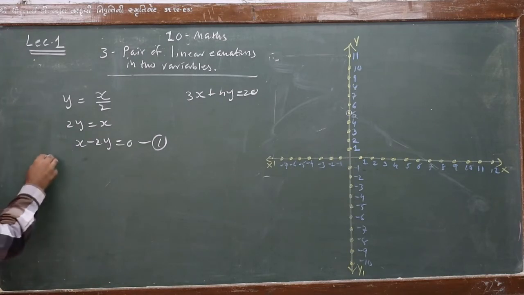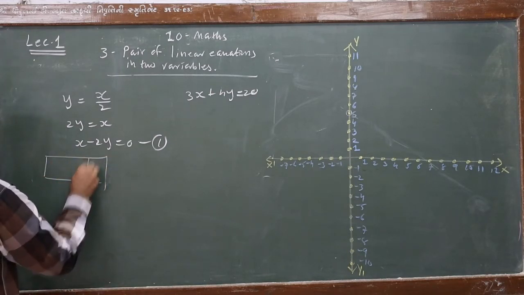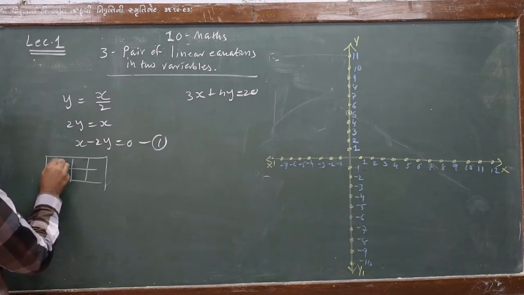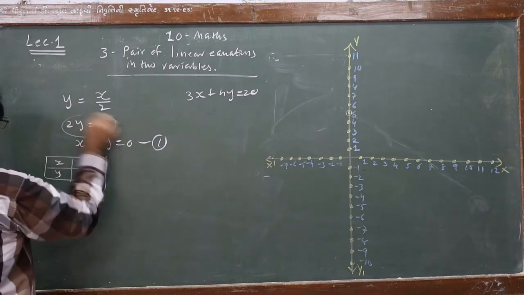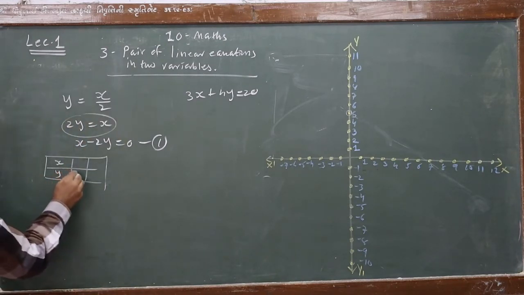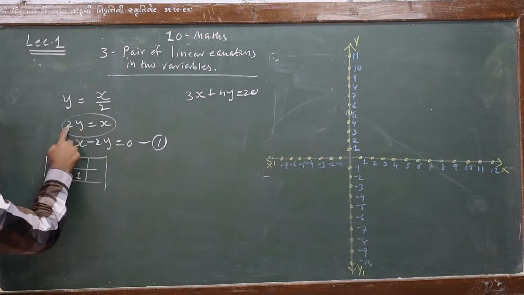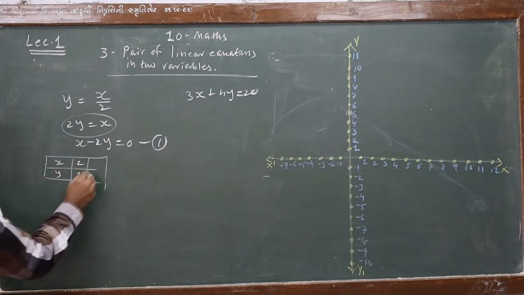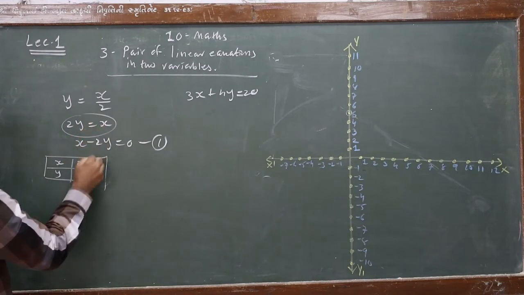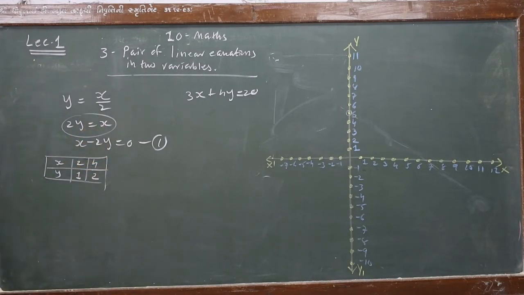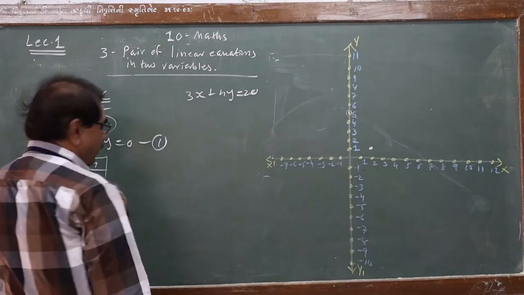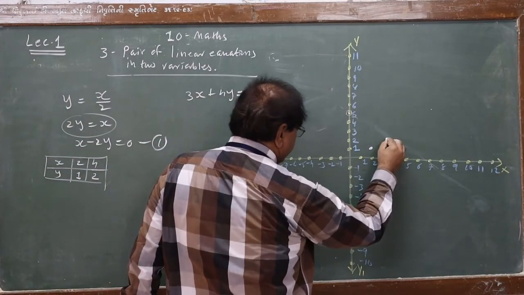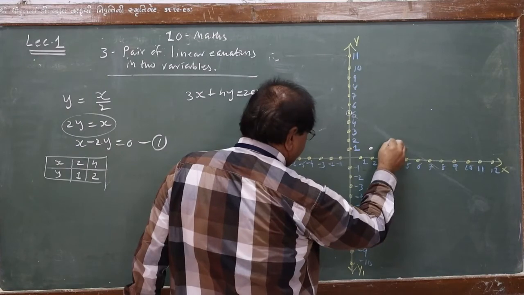First of all, I take the points for this equation. It is x, it is y. Now I can understand this way: x is equal to 2y. So if y is equal to 1, then 2 ones are 2, x is 2. If y is equal to 2, 2 twos are 4, x is 4. Okay, 2 points are enough. So let us draw the line for this. (2, 1), it is somewhere here. (4, 2), it is somewhere here.